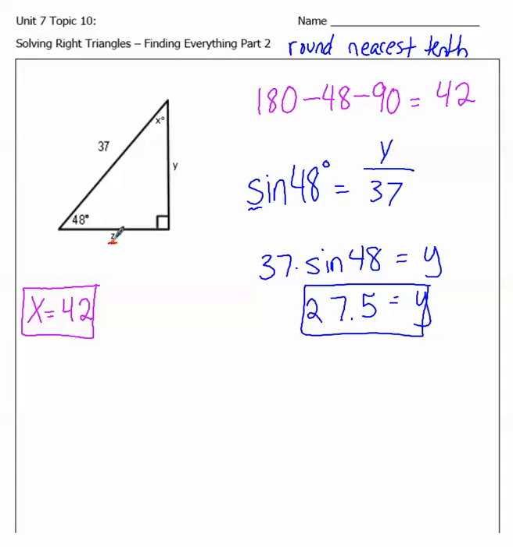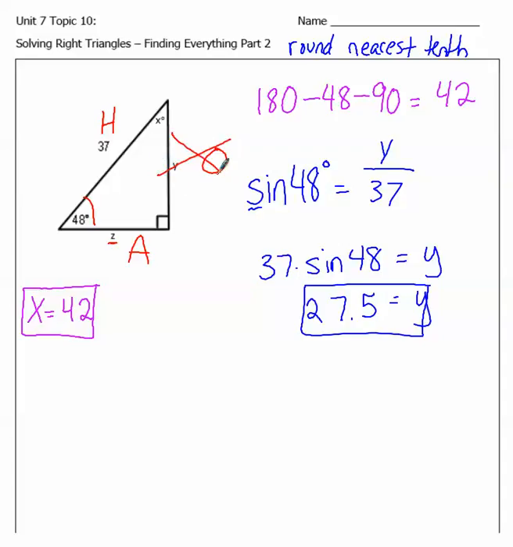Based on SOHCAHTOA, I'm going to pick the acute angle 48 again, the one I was given. I'm going to label my picture. Based on 48, this is O, this is H, and this is A. I definitely need A because I'm trying to find z, and I definitely need H because that's what I was given. I'm not going to use O because I don't want to use y, since I did round it.